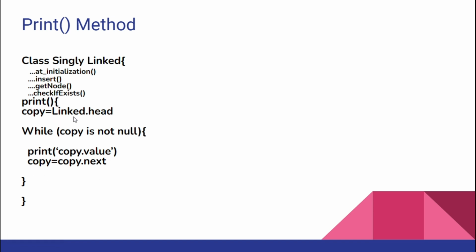It makes a copy of the collection, uses a while loop to keep on traversing the linked list as long as the copy is not null, and keeps on printing each individual node by copy.value. We print it, then go to the next one and print, and keep running till we get to the last element inside the linked list, which is the null value. So it's just pretty straightforward.